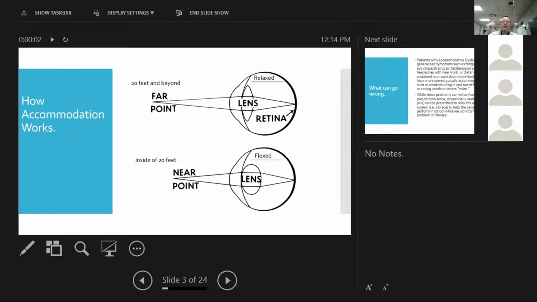So if we think about that, most of the time, from the time a child, or a patient, if we want to go to everybody, gets up, gets ready, and goes to school or work, while they're in the car, yes, they may have 20 feet they could look out, but how many kids, when they're riding in the car, are looking at a phone or doing something within the car, or even reading? So that's close work. And then when they get to school, everything is in close.